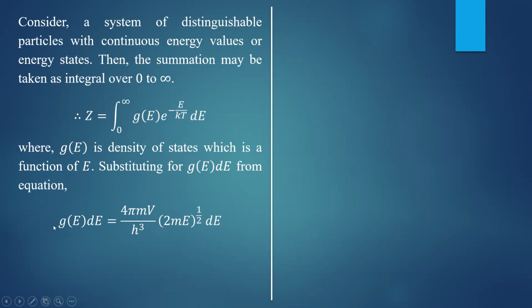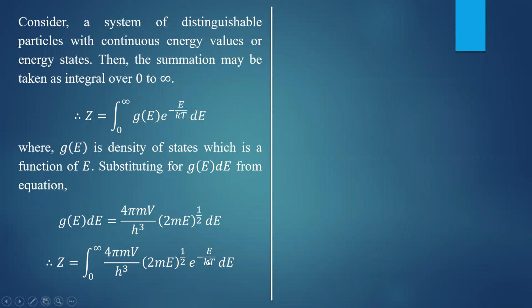This is the expression for density of states as a function of energy. Substitute here. You substitute for g of E, and you will get the partition function Z equal to the integration from 0 to infinity of 4 pi mV divided by h cube into (2mE) to the power half into e to the power minus E by kT as it is, dE. I have substituted for the density of states g of E.